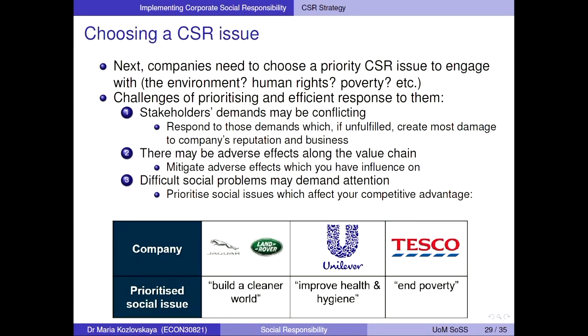If you are part of a value chain, as many of our well-known corporations are, you want to try and mitigate adverse effects which other companies on your value chain create. Otherwise, you will be held responsible for them. You'll be held responsible for your suppliers using child labor, even if you yourself as Nike don't use it.